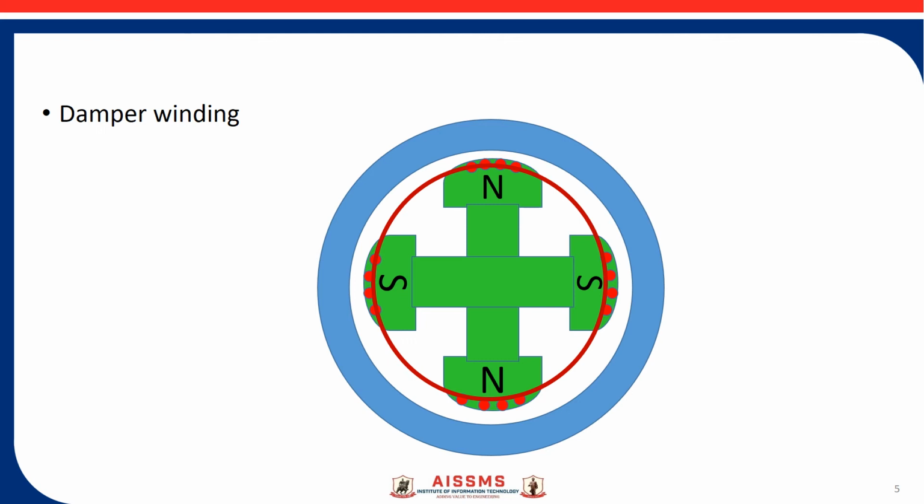As we know, as per Lenz's law, the EMF produced during the process of electromagnetic induction opposes the cause of producing it. So in this winding known as damper winding, an EMF is induced which opposes the cause of producing it, and the cause is oscillations or hunting, and that hunting is eliminated.